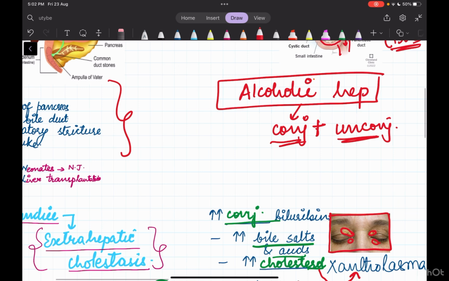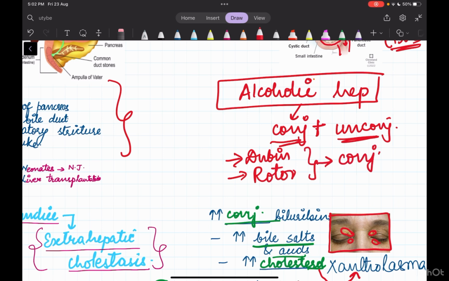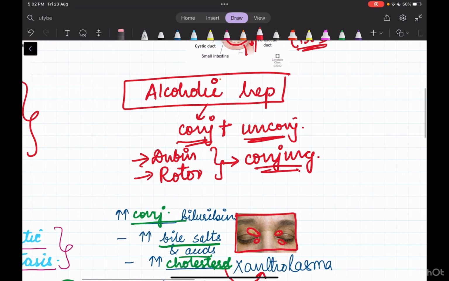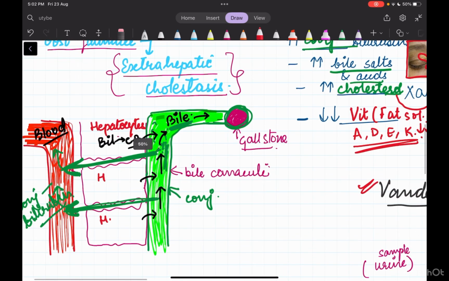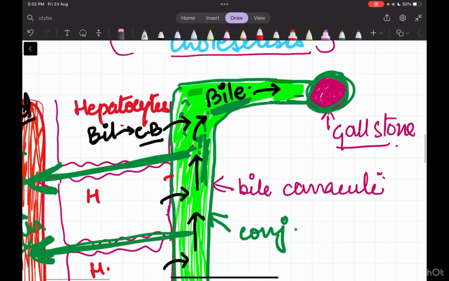There are two syndromes that I would like you to know. One is Dubin-Johnson, one is Rotor syndrome. Both of these have conjugated hyperbilirubinemia, but that is not the reason for obstructive jaundice, because there is no obstruction. What happens in Dubin-Johnson is that there are certain transporters responsible for excretion of this conjugated bilirubin into the bile canaliculi.